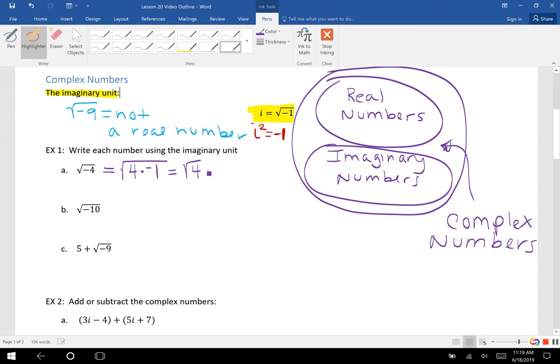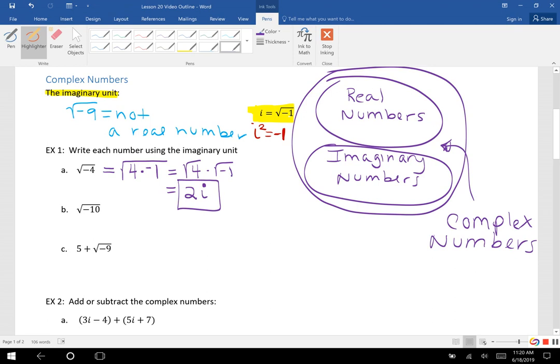So now I've got square root of 4 times square root of -1. I know that square root of 4 is 2, and I just defined square root of -1 to be i. So square root of -4 turns into the imaginary number 2i.